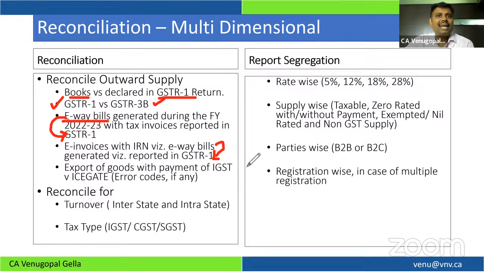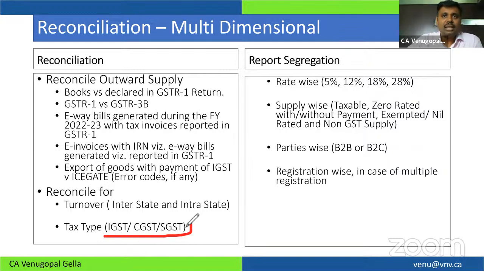Wherever you have done the export of goods with payment of tax, check that IceGate has reported the same. If there are any errors, they will also give you shipping bill number wise errors. See if there are any errors like that. Basis the place of supply, you will have to discharge the tax between IGST, CGST and SGST.